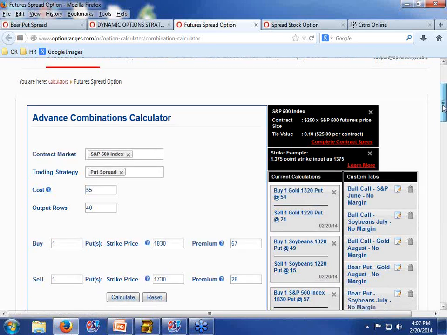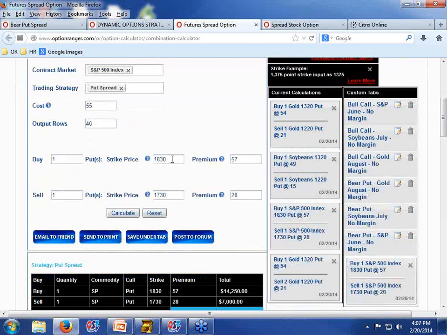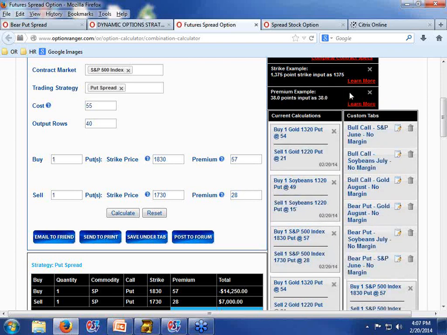And here, this particular trade, which is on the S&P 500 index for June, these are June options, from 1830 to 1730. These are the premiums paid. And again, you can see the premium description of how much the points are and how premium works. It's just another click away.